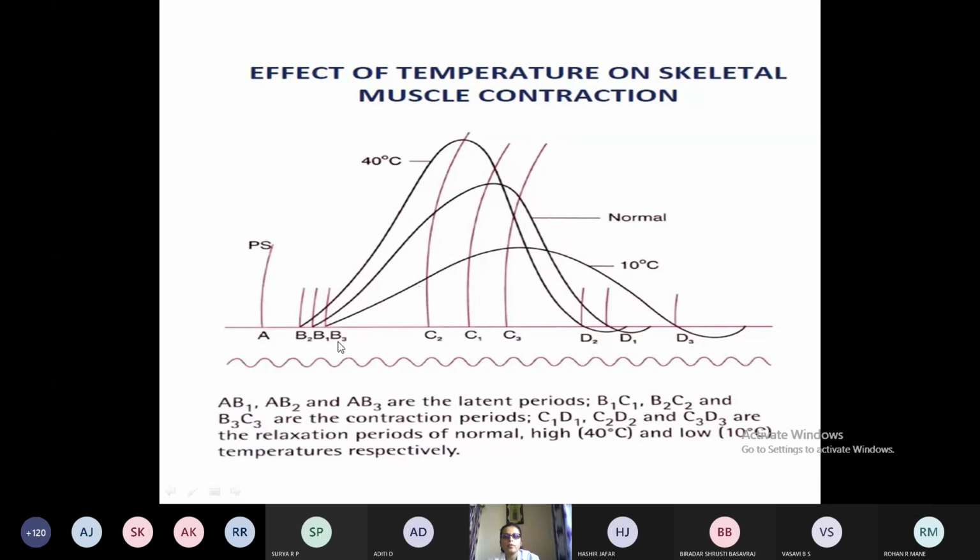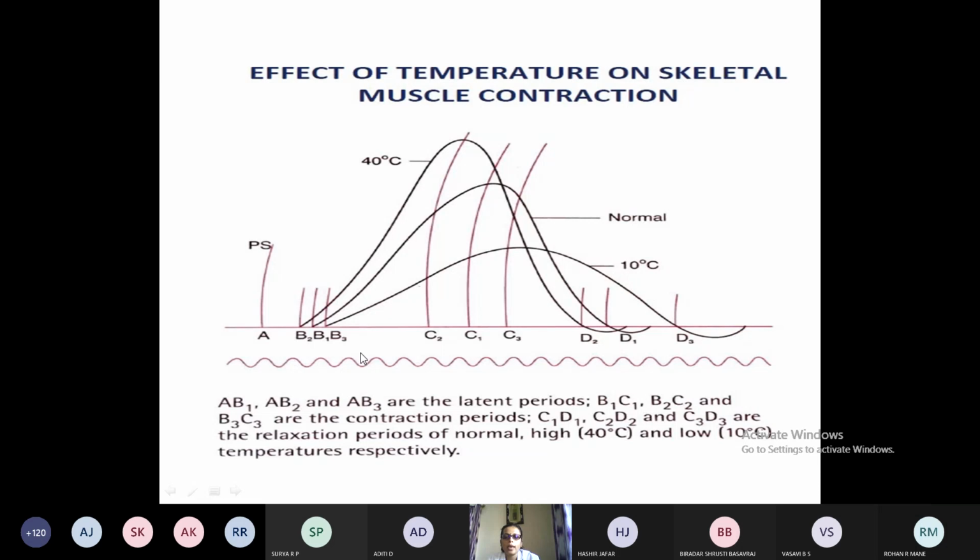B1 is nothing but the normal curve. Can you read this? B1 is the normal curve, meaning the Ringer solution with normal temperature. Later, B2 is the high temperature curve, and the third one is the cold temperature curve.